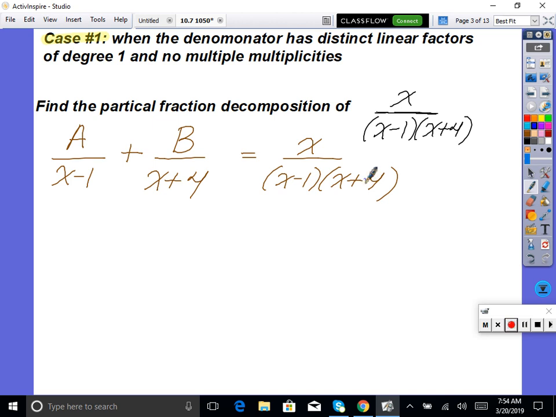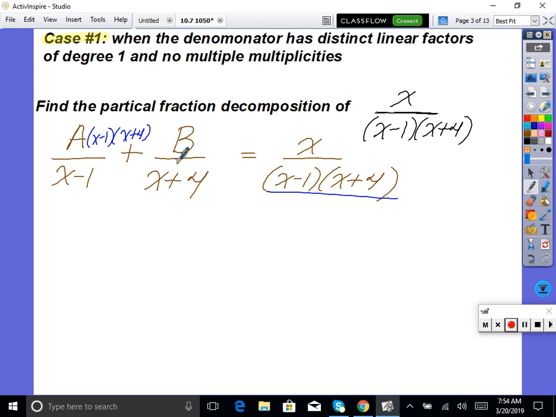So I always say just cross multiply, but we're not going to multiply this side over. We're going to take this denominator and times it to technically both sides. When you times it, don't you have to times each piece by it? So right here we're going to have times by x minus 1 times by x plus 4.